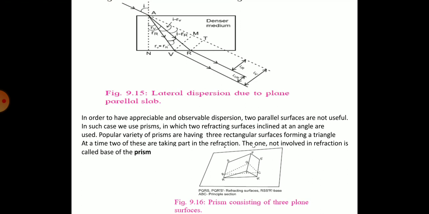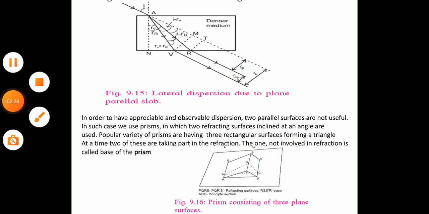In that case, all of them are parallel to each other and also parallel to the initial direction. This is lateral dispersion, which is measured as the perpendicular distance between the direction of the incident ray and the respective directions of the dispersed emergent rays.